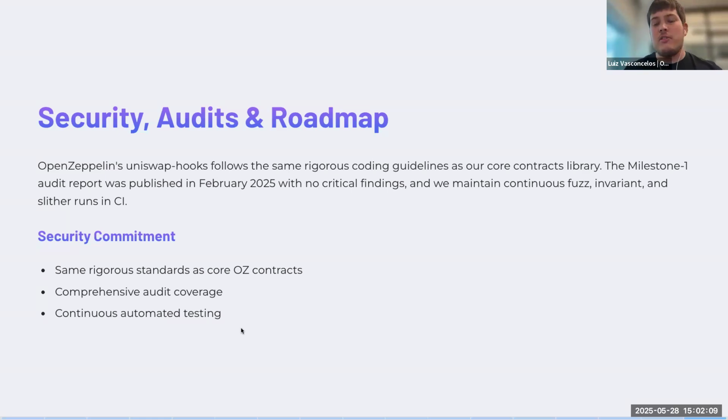In particular, all of the releases are audited by the auditing team at OpenZeppelin. We have milestone one audited for the base hooks, and we have some more coming in the next release, expected at the end of June, beginning of July.